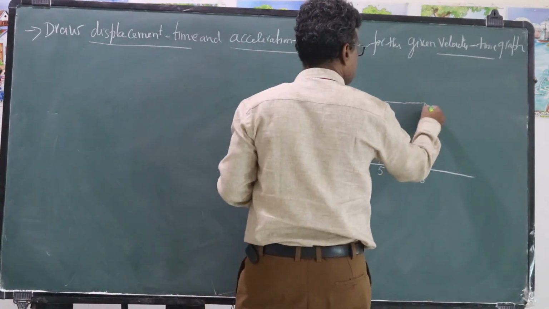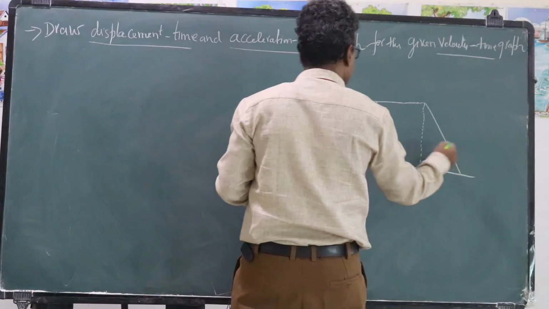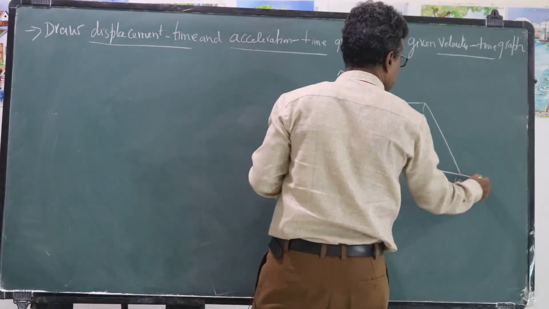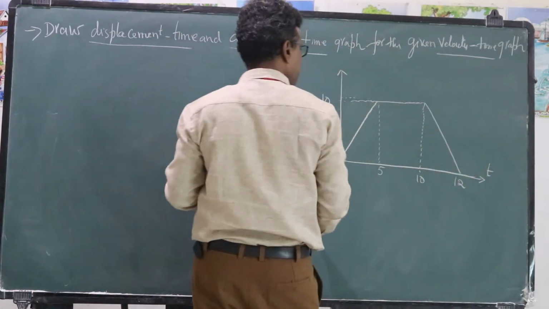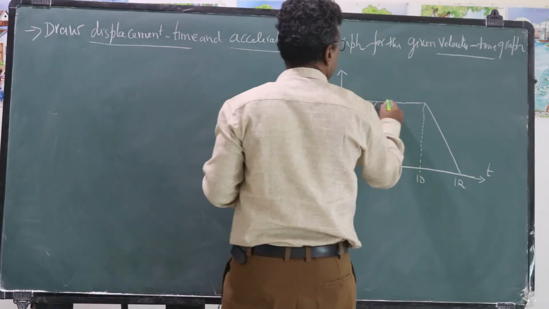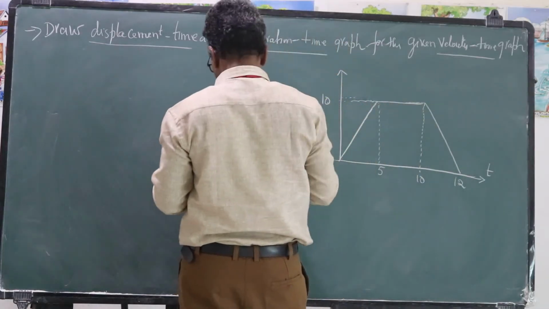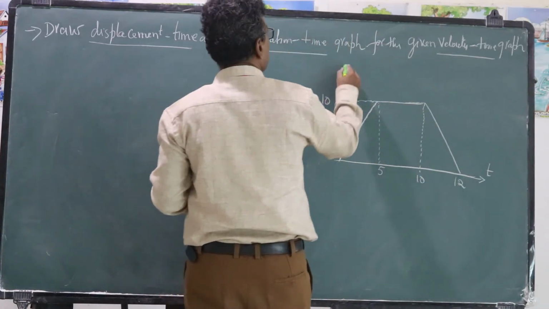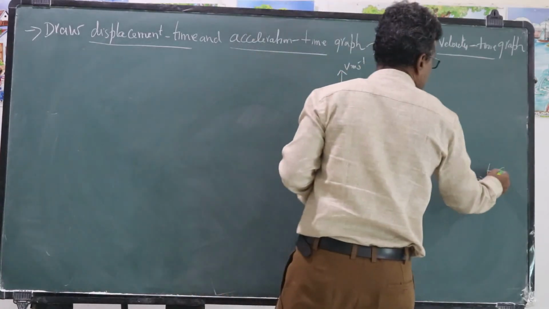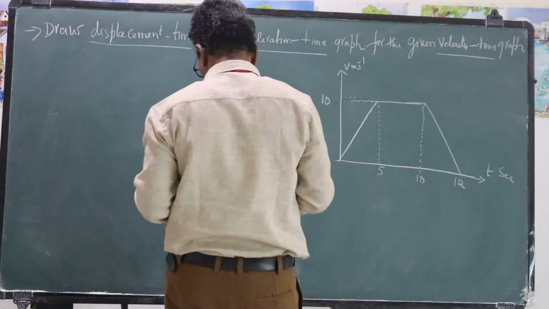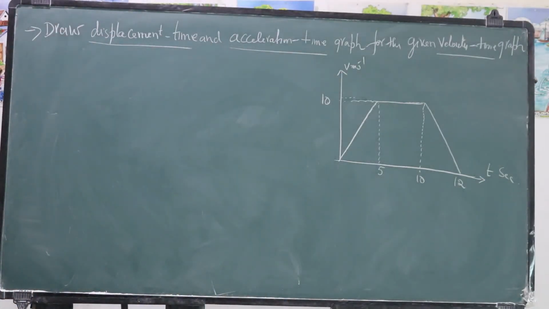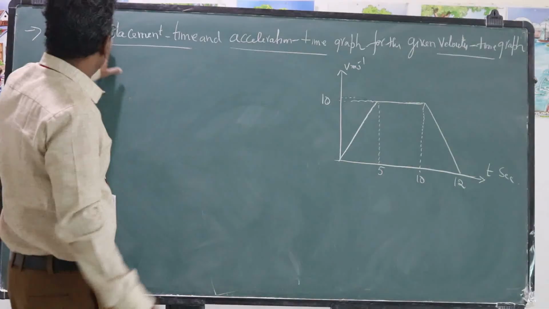Then it deaccelerates like this. So this is 12 seconds. T is the time. This is uniform speed, 10 meter second inverse. So the unit of velocity is meter second inverse, and this time is in seconds. So this is the graph.